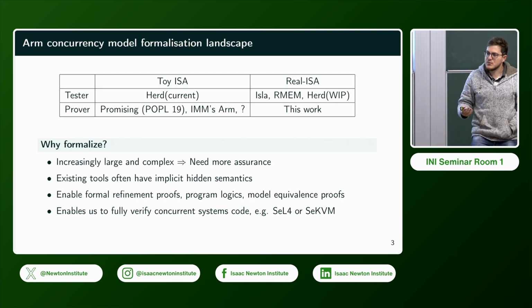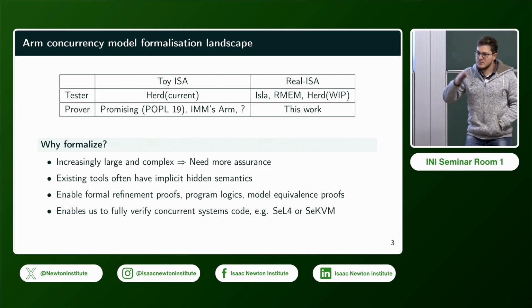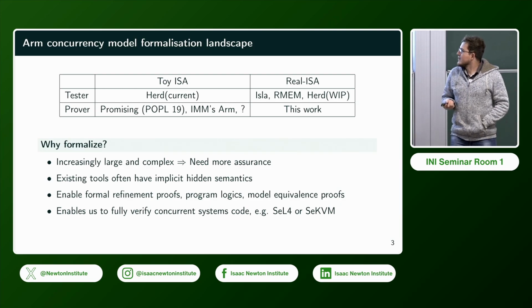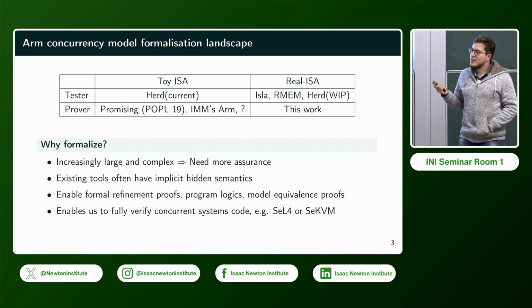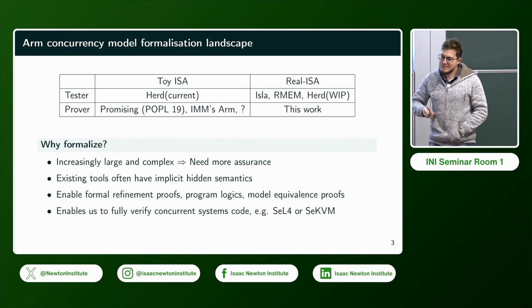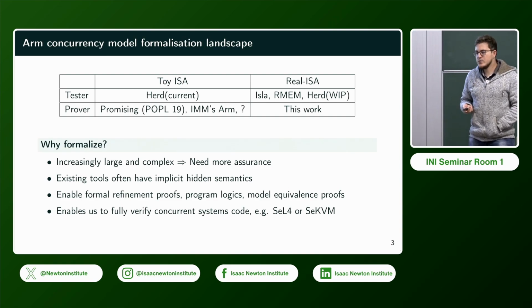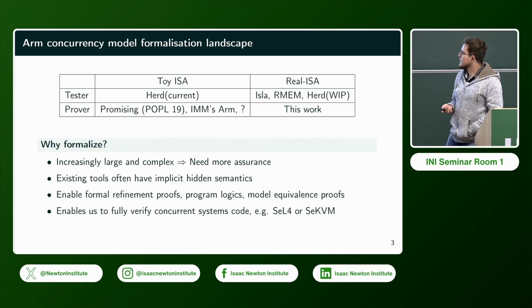We need to start making proofs about them and have them formally defined in a prover from bottom to top. And all of these tools like Herd, Isla, and Armem have lots of implicit semantics that are not obvious, that are definitely not written in the corresponding papers. Those hidden semantics are critical for the correct definition of the architecture, and it would be nice to get this formalized.